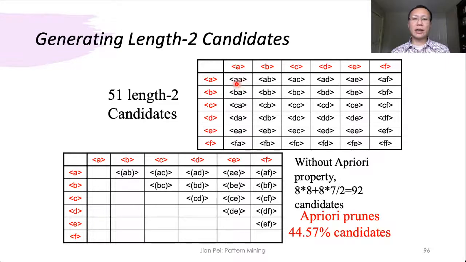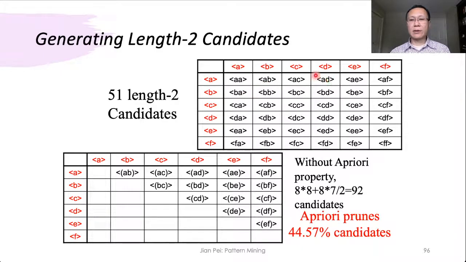Each element has 1 item A. And similarly, for A and B, we have 2 ways to produce longer sequences. One is A, B, and another is B, A.